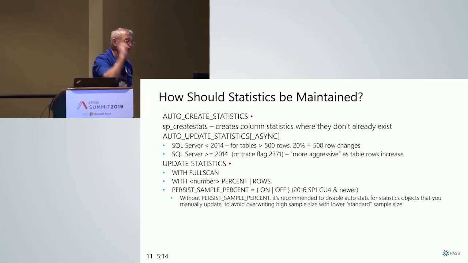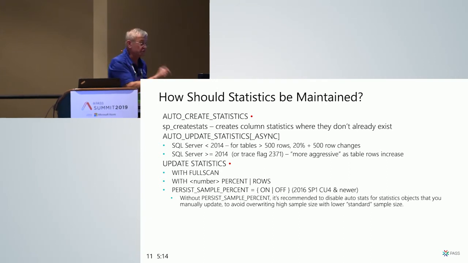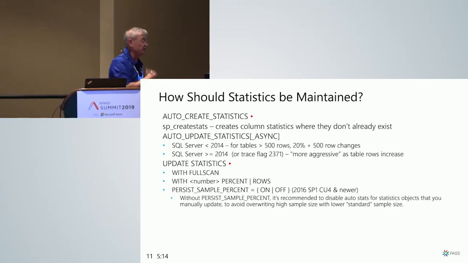So when you do an update statistics with sample percent 40% and persist sample percent on, that 40% is tagged to that statistic. Anytime an automatic update of the statistics occurs, it will use the 40%.